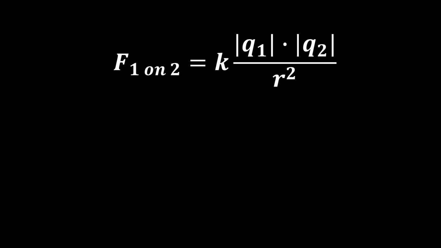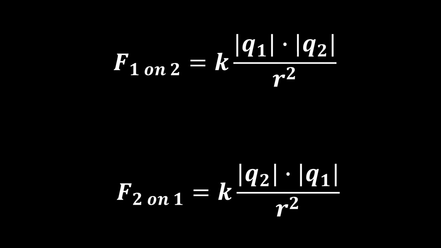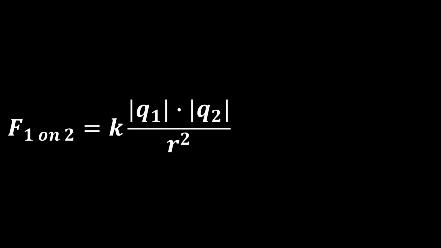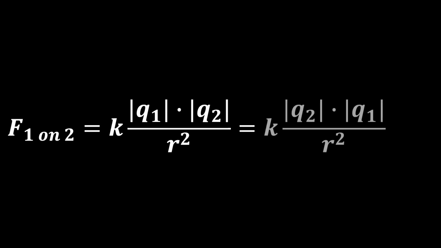According to the formula, the force exerted by object 1 on 2 is this, and the force exerted by object 2 on 1 is this. If I write F1 on 2 as K times the magnitude of Q1 times the magnitude of Q2 divided by r squared, and we know that multiplication is commutative, which means we can change the order, then I can also write this formula as K multiplied by the magnitude of Q2 times the magnitude of Q1 divided by r squared.